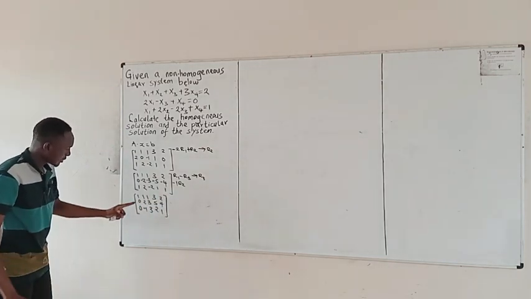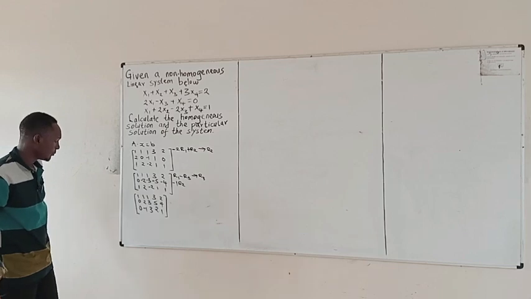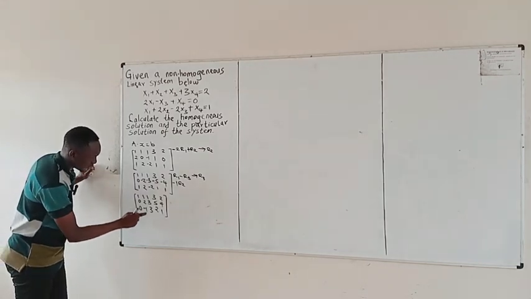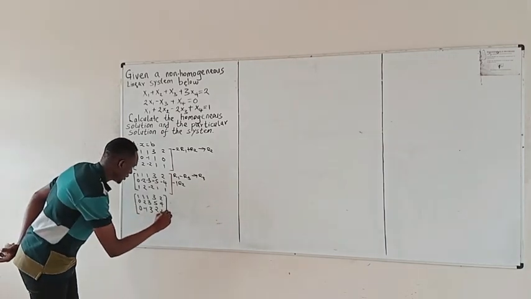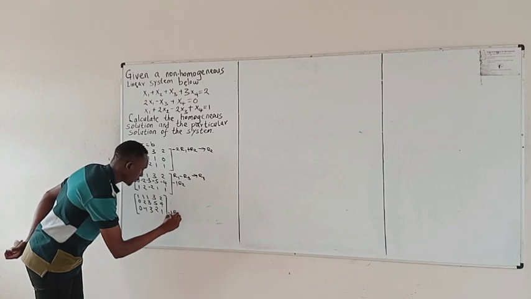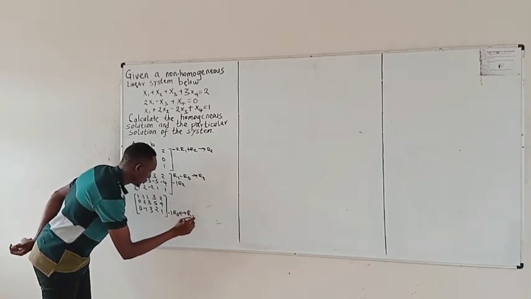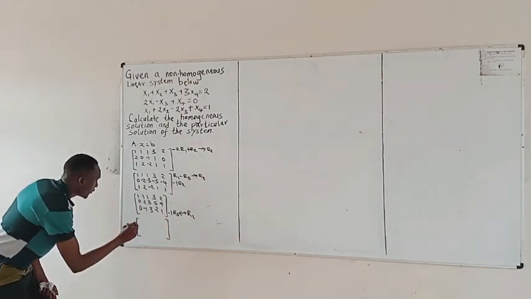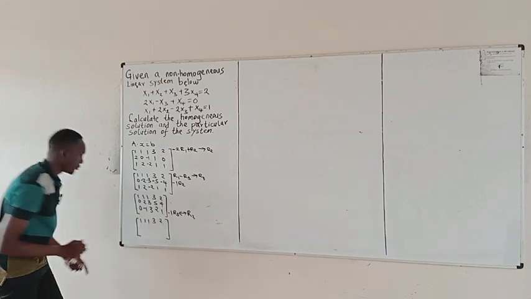Since we want our second row to have a leading entry in the second column, let's interchange negative row 3 with row 2. Here we maintain row 1: 1, 1, 1, 3, 2.